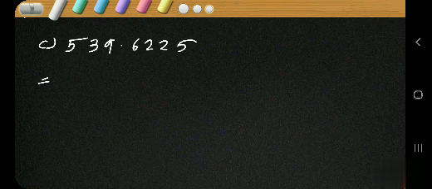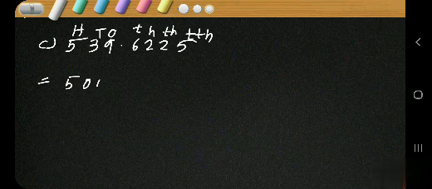Those who want can mark the places upon the digits. 9 is in the ones place, 3 is in the tens place, 5 is in the hundreds place. Now let's consider the decimal part. 6 is in the tenths place, 2 in the hundredths place, next 2 in the thousandths place, next 5 in the ten-thousandths place, isn't it?